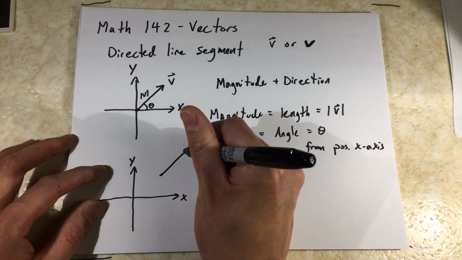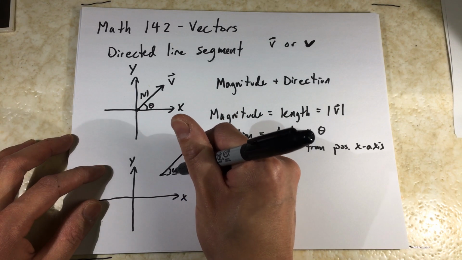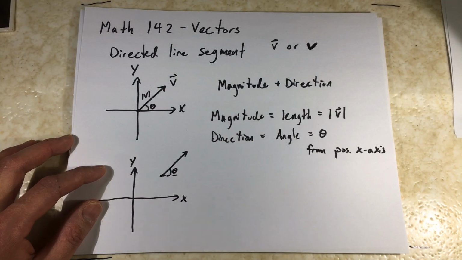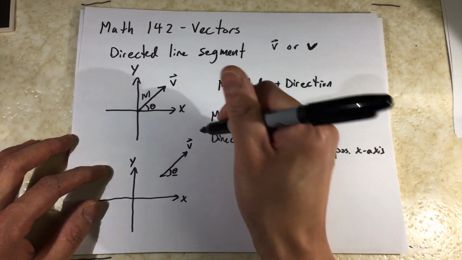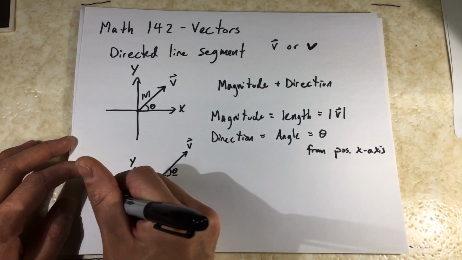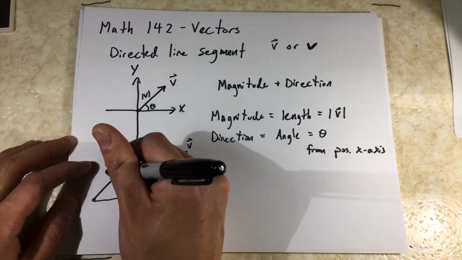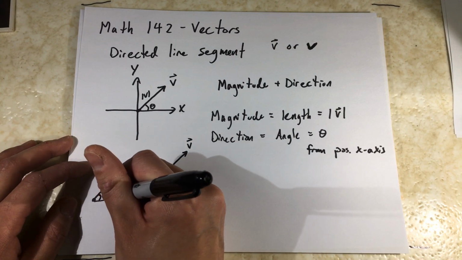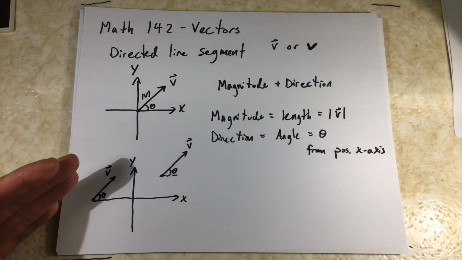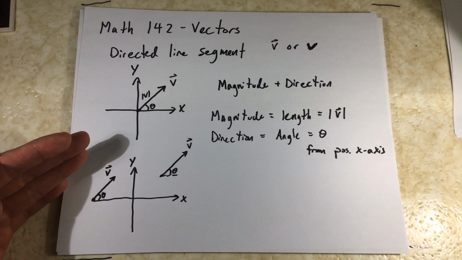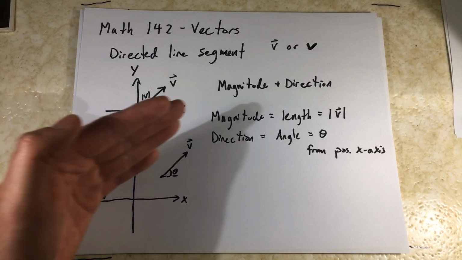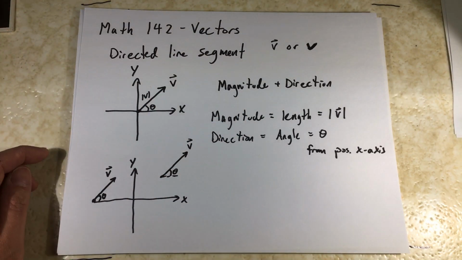It'd be the same exact length, and it would be the same angle from some horizontal line. That would be the same exact vector. Or let's say we wanted to start over here. Again, its orientation, its magnitude and its direction don't change by shifting it. And we're going to see that a little bit later.